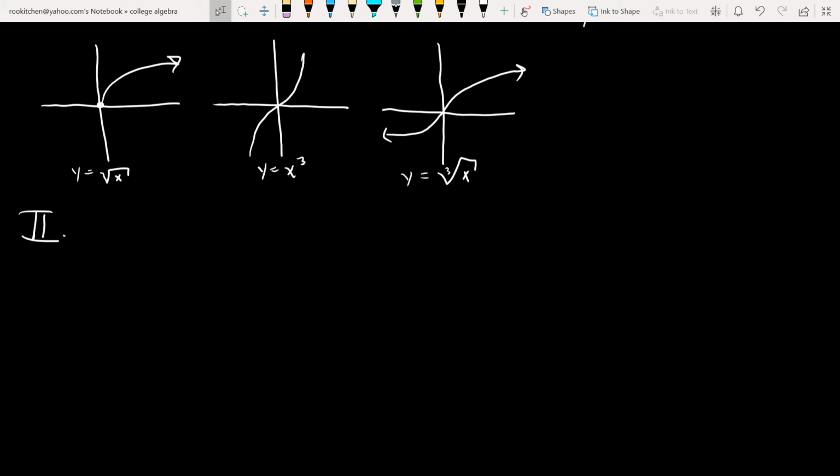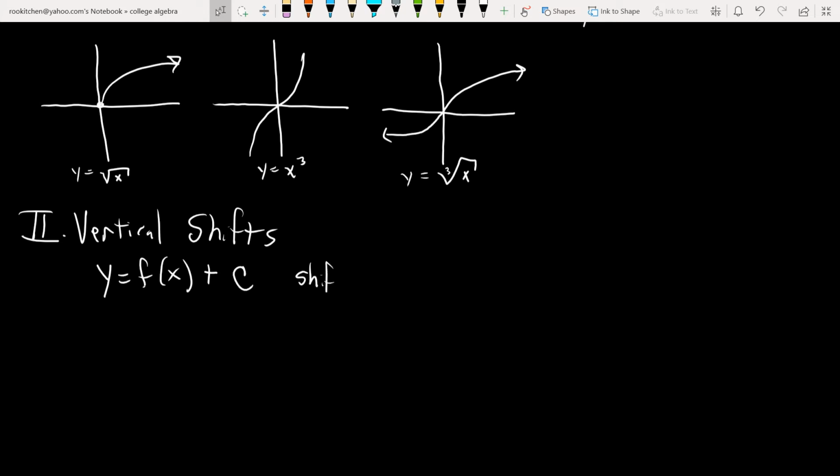The first kind of transformation you could do to these are the vertical shifts, the most elementary type. You'll have some function from above, and then you add some value c, and that will shift it up. c is assumed to be positive in these problems, so c is greater than 0. So that's a shift up. Or y equals f of x minus c will create a shift down.